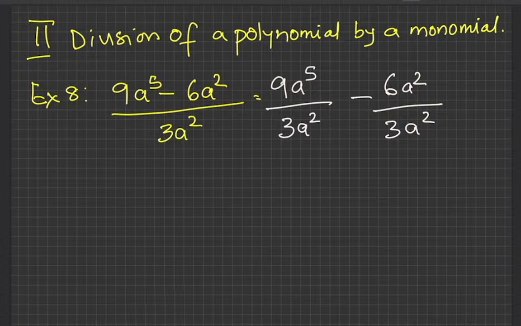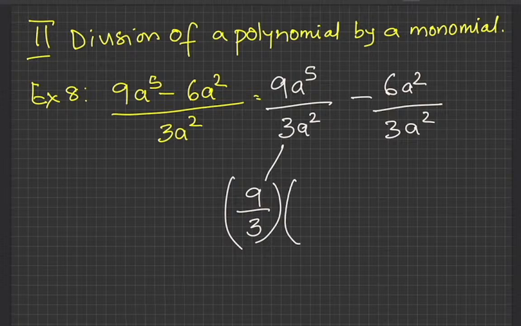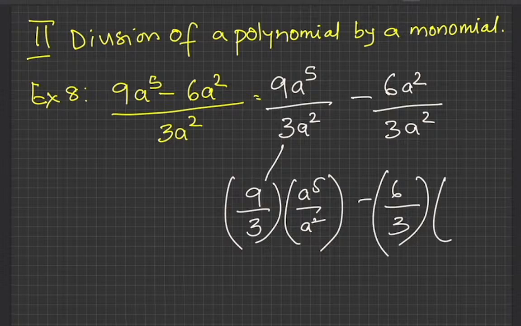So group them together if you want. 9 divided by 3, and then a to the power 5 by a to the power 2, then minus 6 divided by 3 times a to the power 2 by a to the power 2.